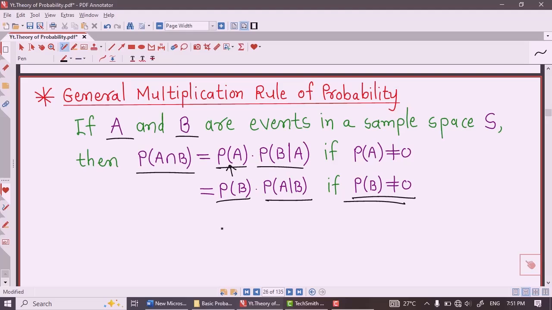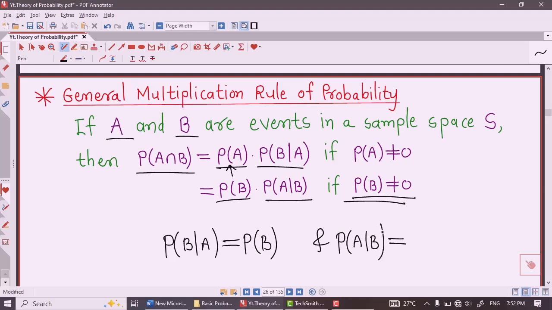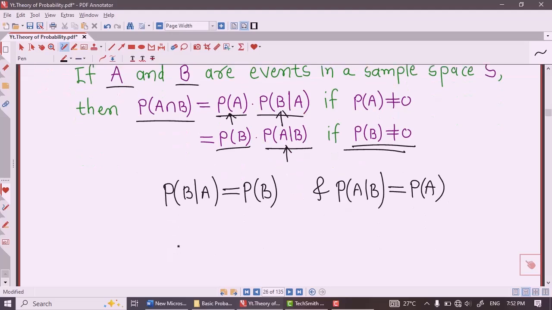Now suppose events A and B are independent, then there is no dependence of event B on A. So in this case we will have P of B given A equal to P of B. And similarly, if A and B are independent, that means event A is no more dependent on event B. So in that case this is going to be probability of A, this is going to be probability of B. So if events are independent, then the multiplication rule of probability will be P of A intersection B equal to P of A times P of B. So we will remember this also.